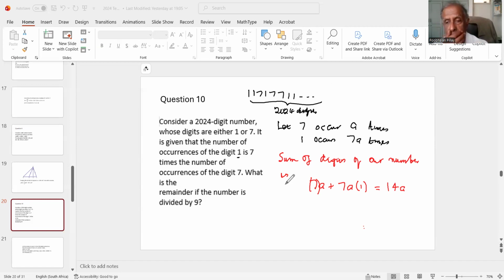So you got the total number of digits is 2024, but we know now you got 7 occurs a times and 1 occurs 7a times. So that makes 8a. Total number of digits is 8a. So that allows you to calculate a. 8 times a is 2024. So you can calculate a, and therefore your remainder.